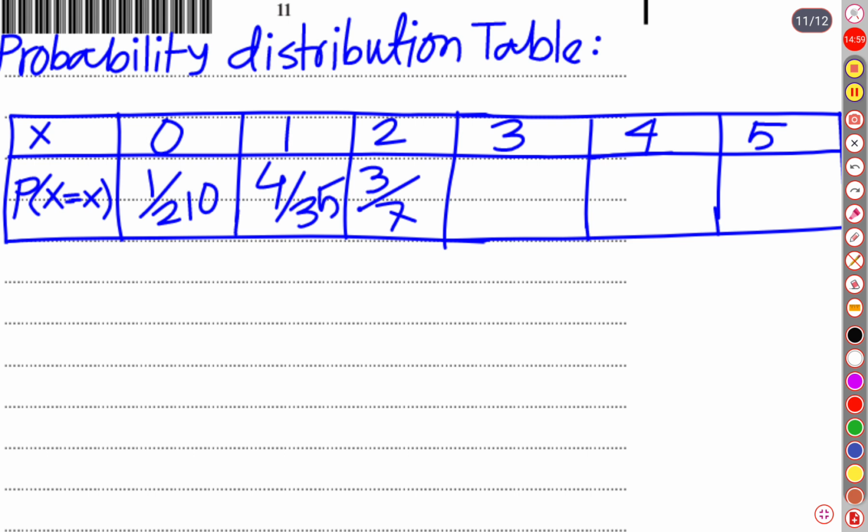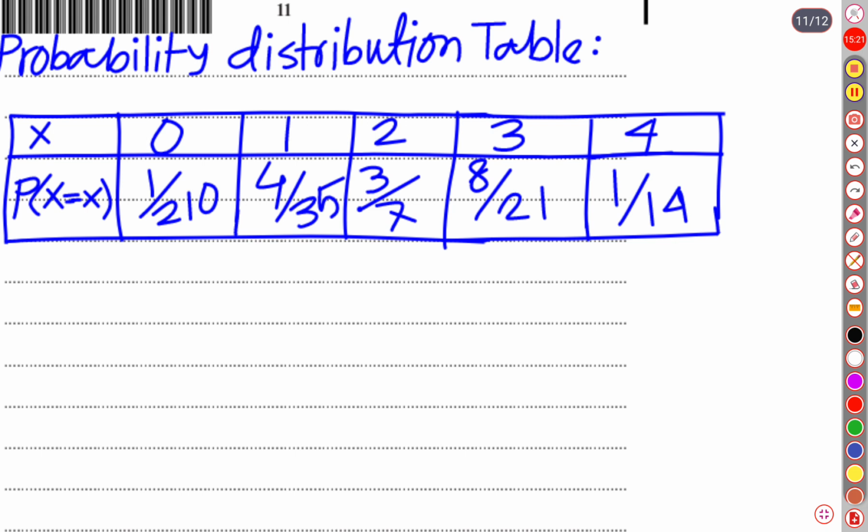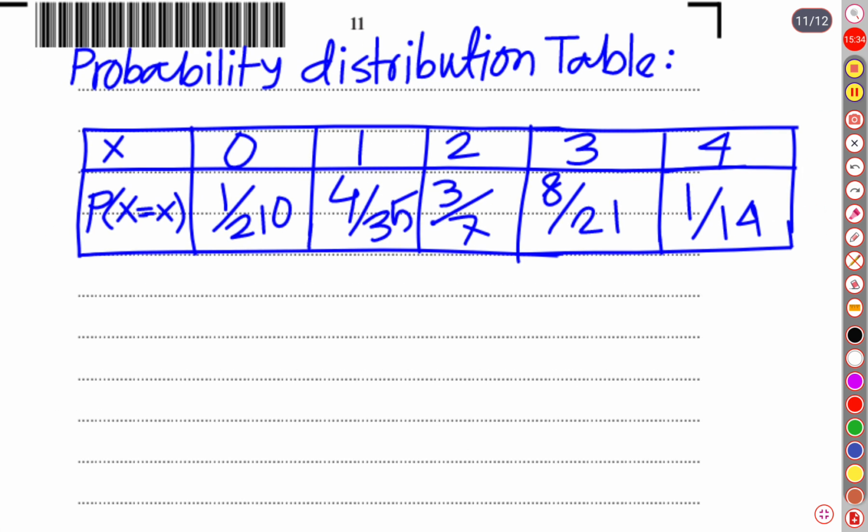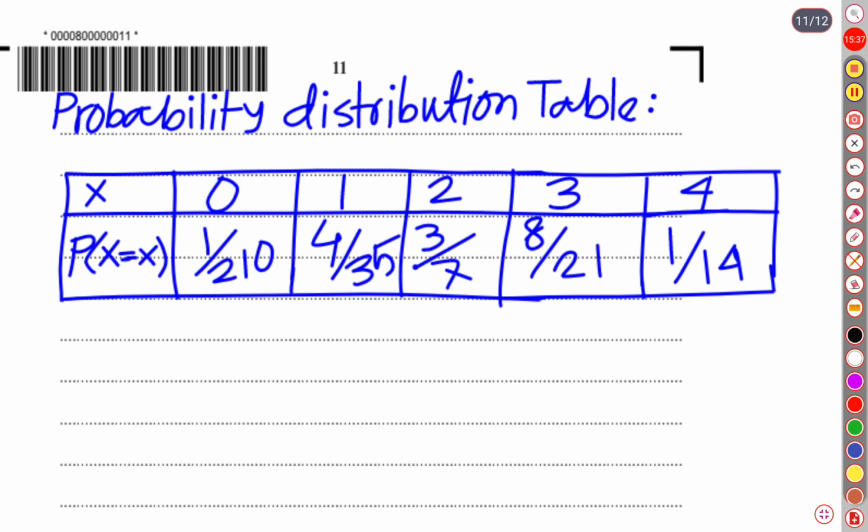When there were 3 blue marbles, it was 8 over 21. When there were 4 blue marbles picked, the probability was 1 over 14. There cannot be more than 4 blue marbles because only 4 marbles were picked in total. So that is the probability distribution table of this question. Let's see the next question.